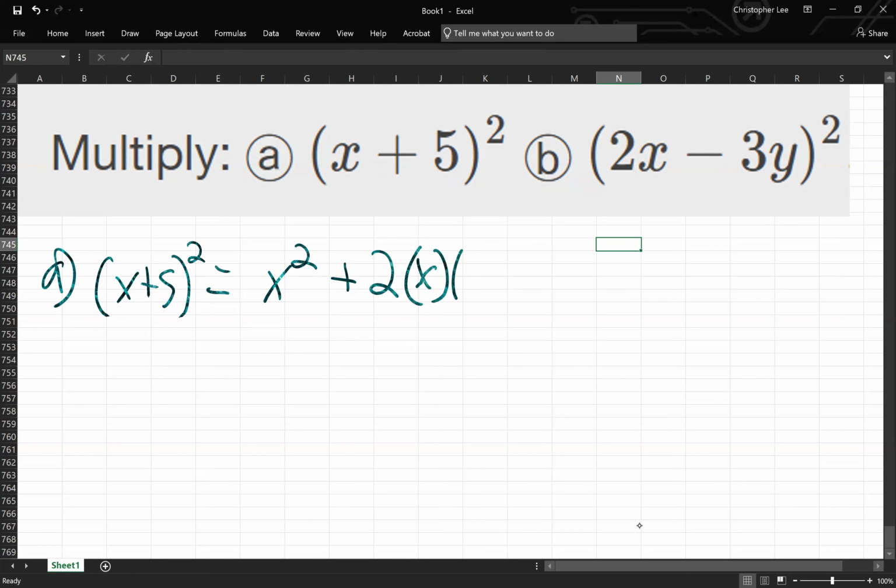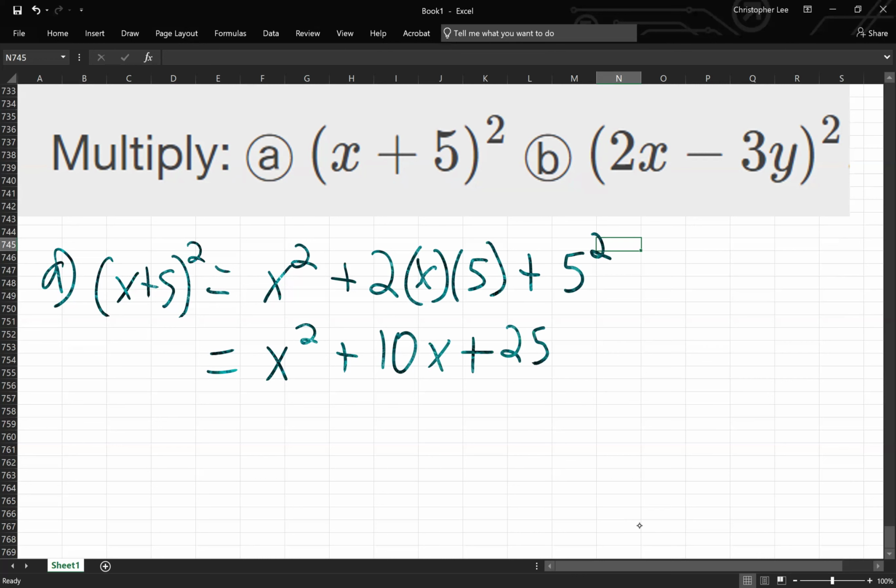X, times the second term, what's that? 5, plus, what's the last term? 5 squared. Put it all together, this is what? X squared plus 10x plus 25. And I'm done. That's the answer. That's me avoiding having to do the FOIL and all of that. Questions on this?